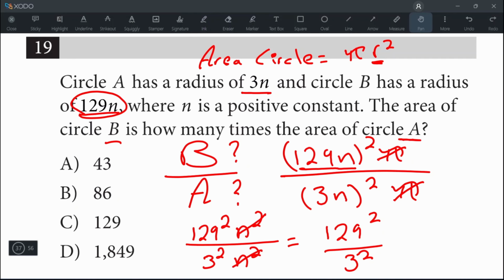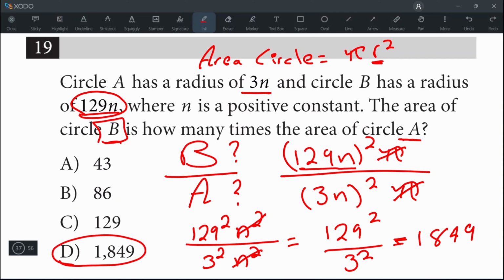Solving that using a calculator, we will have 1849. So the answer for this question is D. The area of circle B is 1849 times bigger than the area of circle A.